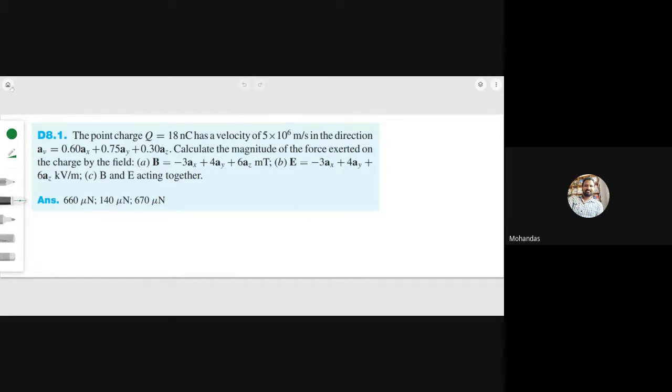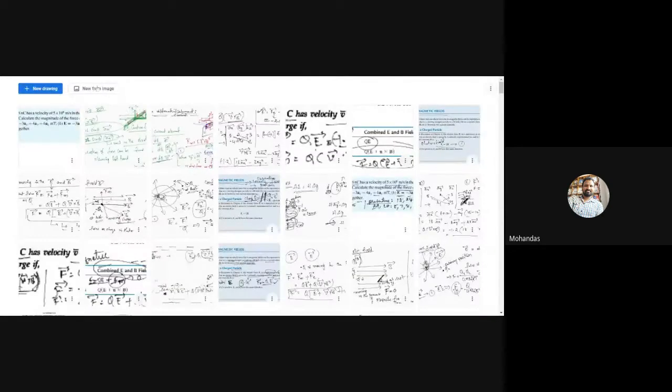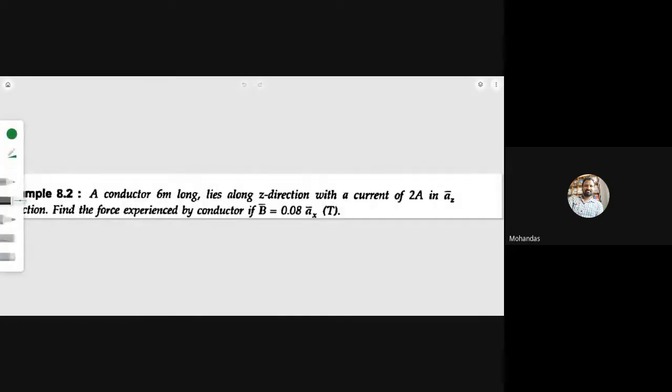Note down this problem. Rakesh, are you able to see this problem? Example 8.2.